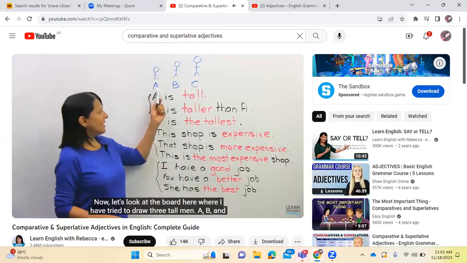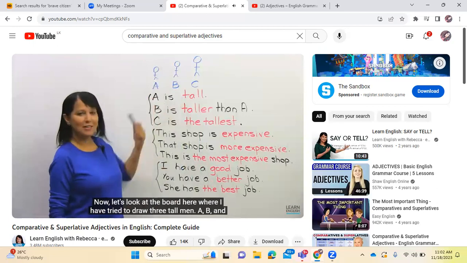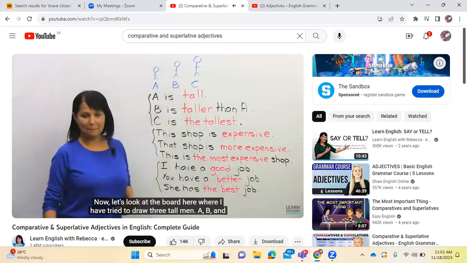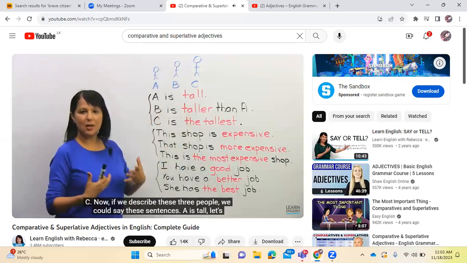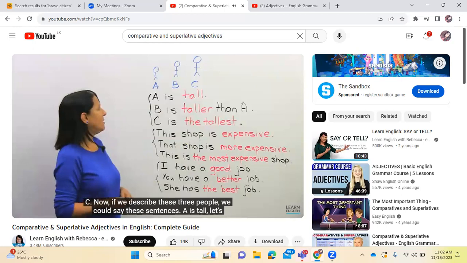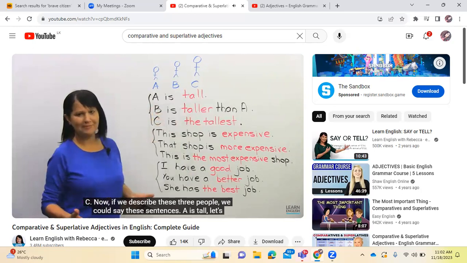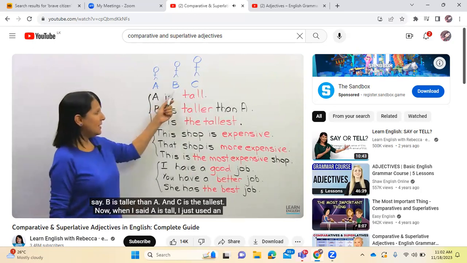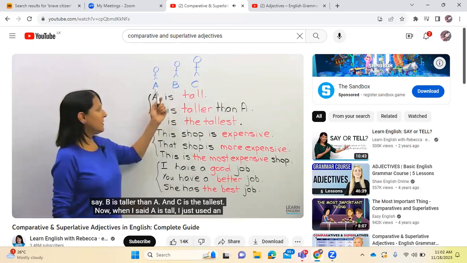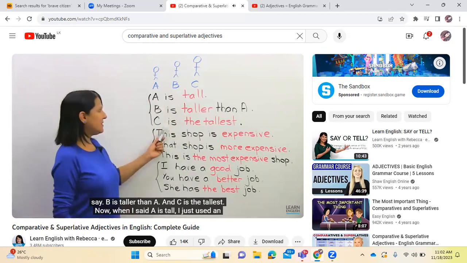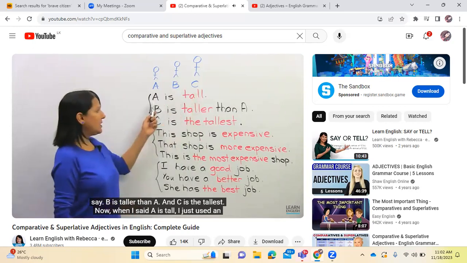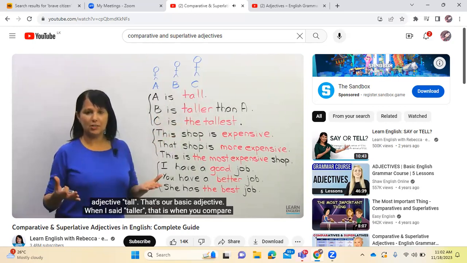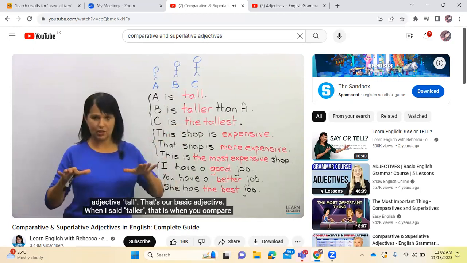Now, let's look at the board here where I have tried to draw 3 tall men, A, B, and C. Now, if we describe these 3 people, we could say these sentences. A is tall, let's say. B is taller than A. And C is the tallest. Now, when I said A is tall, I just used an adjective, tall. That's our basic adjective.